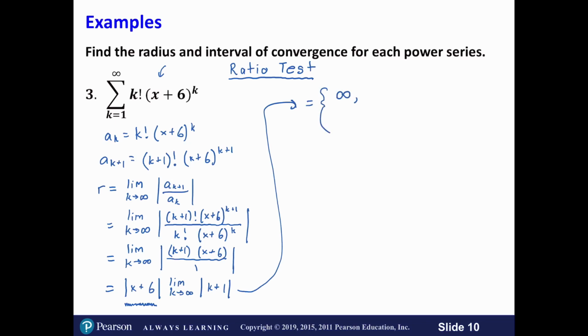So it is infinity if x plus 6 is positive. But if the absolute value of x plus 6 is equal to 0, then this entire thing is 0.